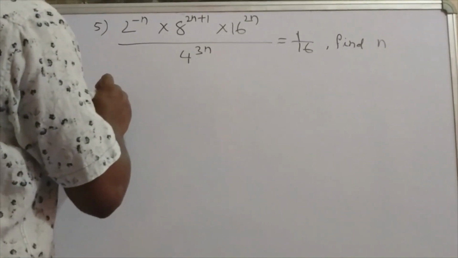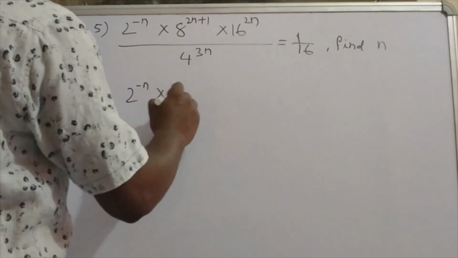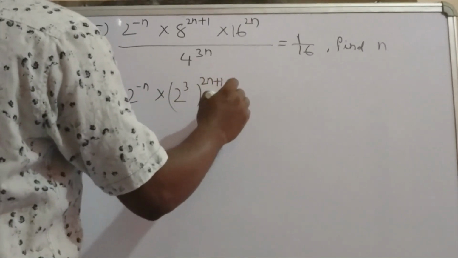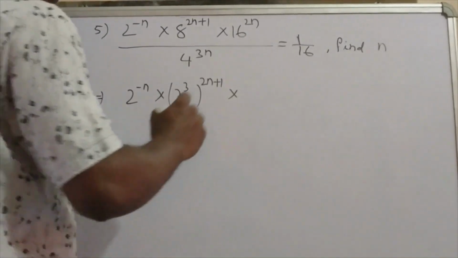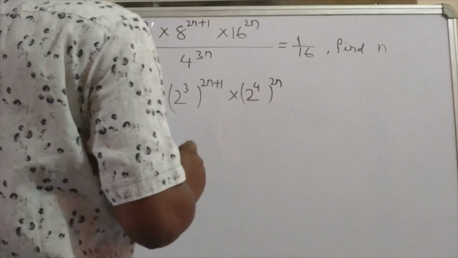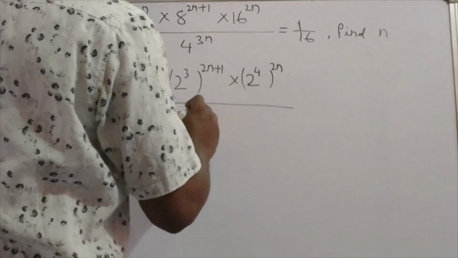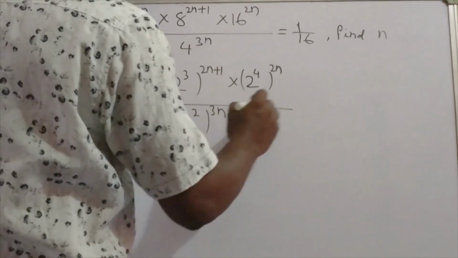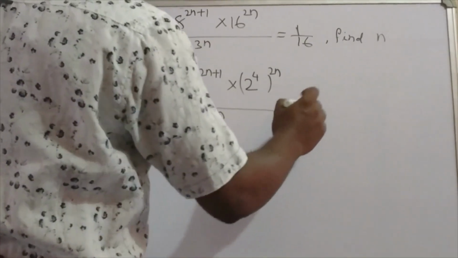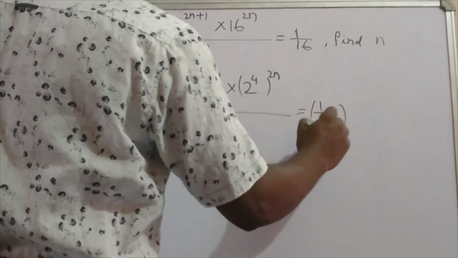So 2 is already here, 2 to the power minus n. 8 we can write 2 to the power 3, to the power 2n plus 1, into 16 we can write 2 to the power 4, to the power 2n, all divided by 4 we can write 2 to the power 2, to the power 3n, is equal to 1 by 16. 1 by 16 also in the power of 2 we can write 1 by 2 to the power 4.